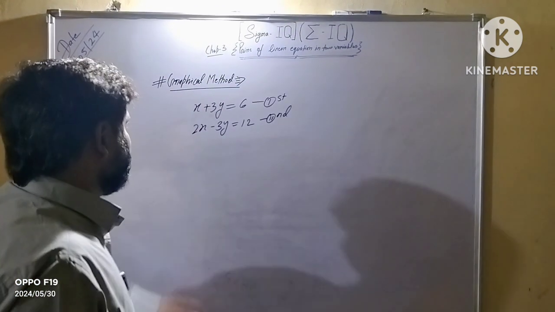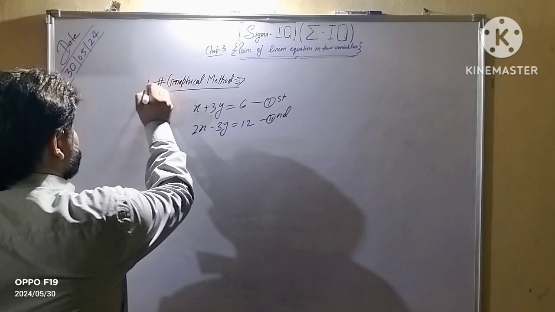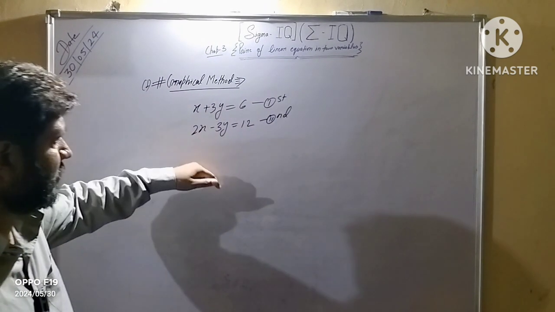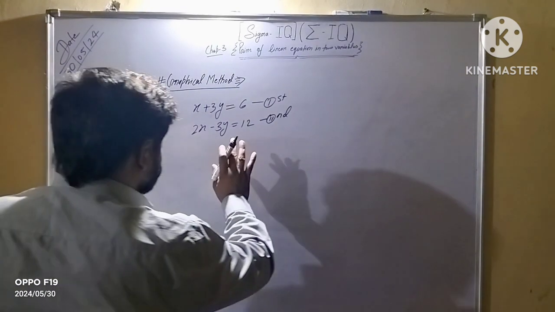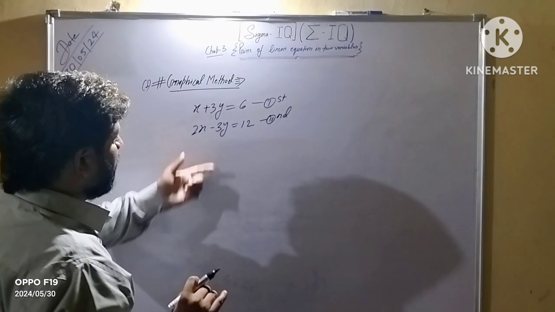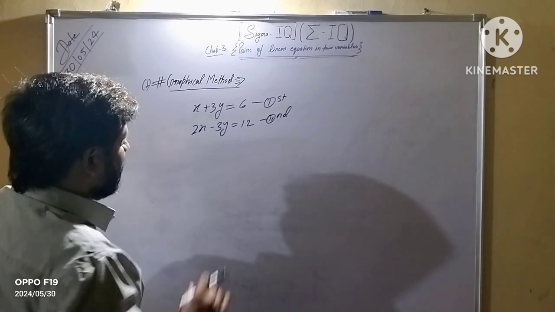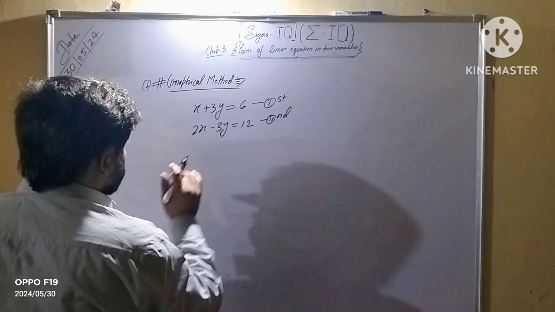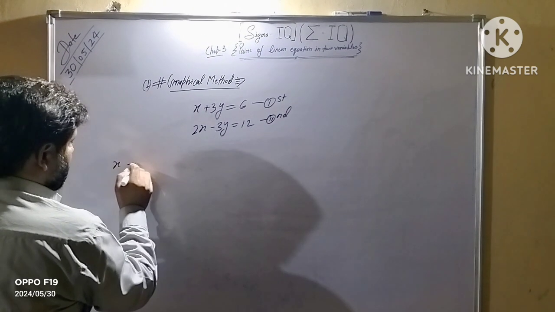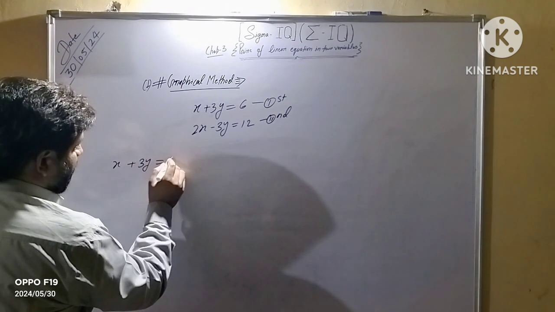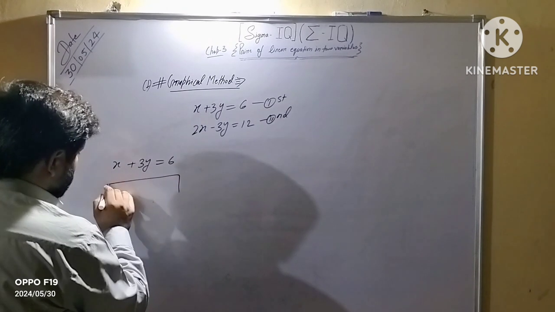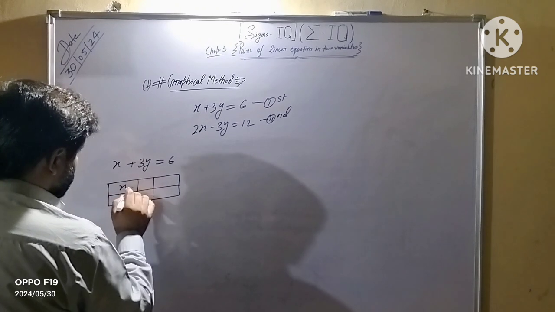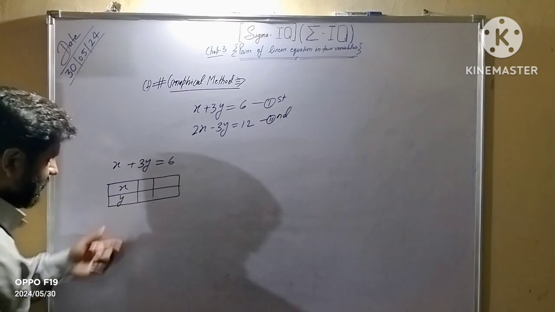Okay, students, graphical method. Pair of linear equation in two variables is given. So, regarding to plot the graph of both equations, we have to consider 2 points on each equation. So, write here equation number 1: x plus 3y equal to 6 and make a table like this, x and y.